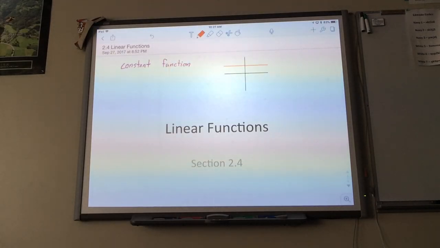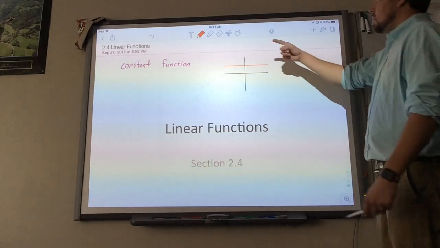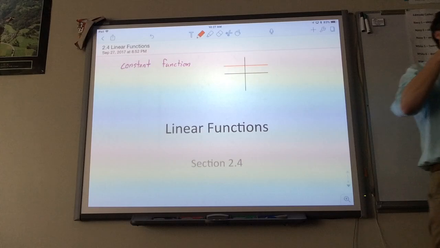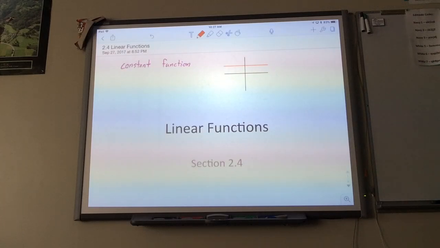Just a horizontal line, because it is constantly giving the same y value. It is constantly giving the same output. Every x value gives the same y value, but we don't care if the y value is repeated. So that's okay, but that's a constant function.